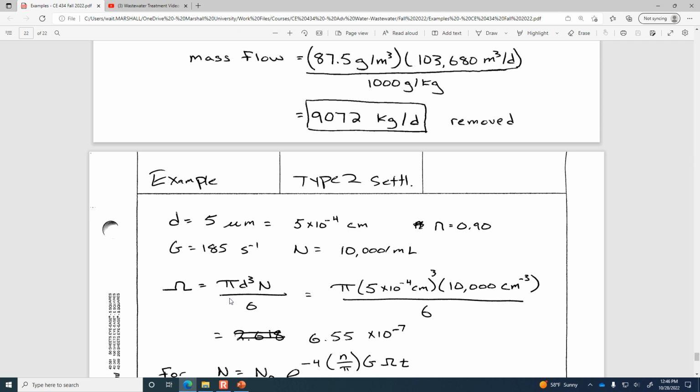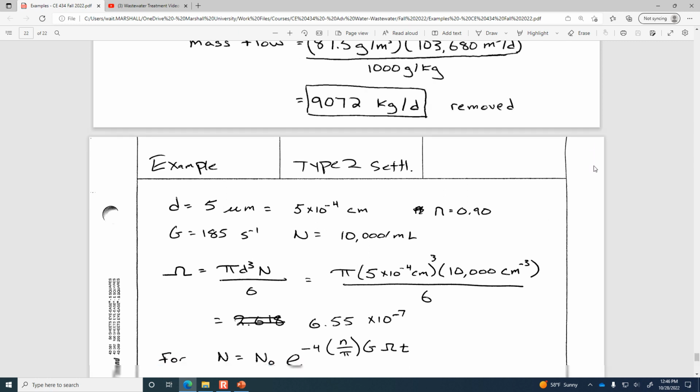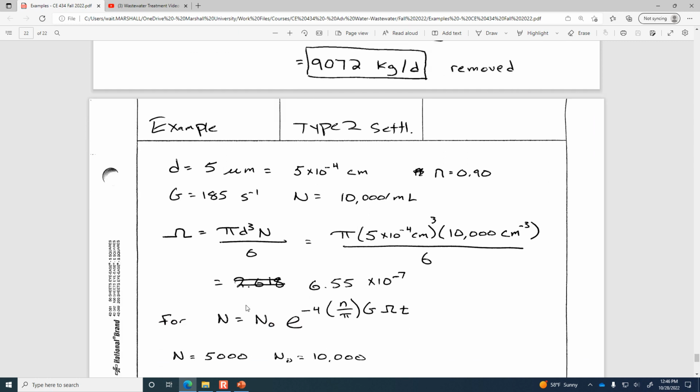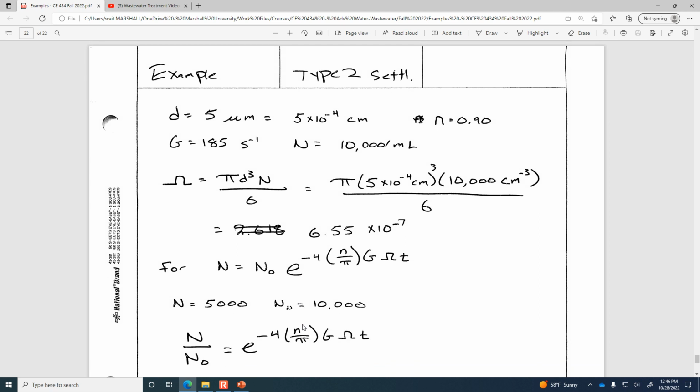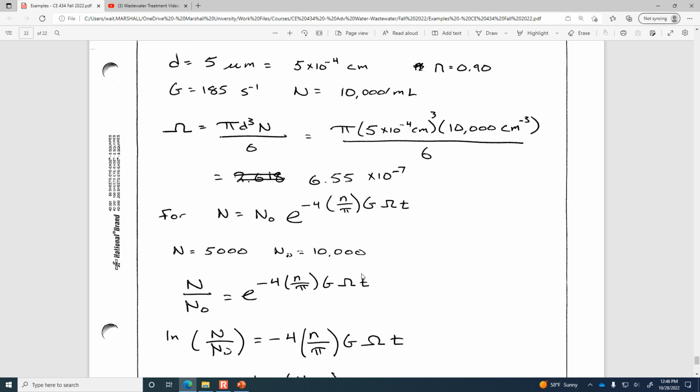But we calculate omega, and from that we're going to be able to determine the amount of time it takes to have those particles cut in half. Here's the version of the formula that we're going to solve, but we want to solve for t, which is in the exponent of this e function. So we need to take the logarithm of both sides to get that down out of the exponent.